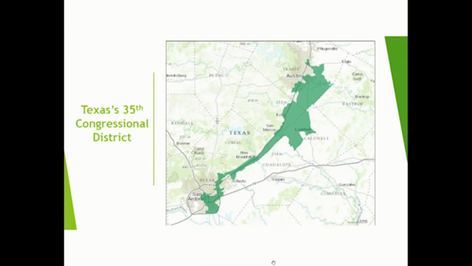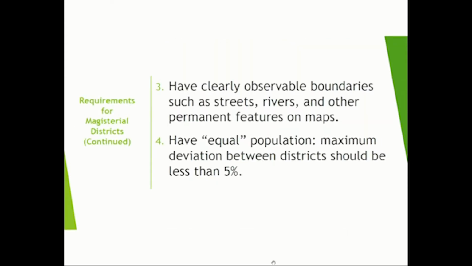What you're looking at is Texas's district that was upheld as being compact, even though it does not look anything like a circle or a square. Our districts in Chesterfield are much closer to the mark and more than meet the standards for both contiguity and compactness. And then there are a couple other rules.